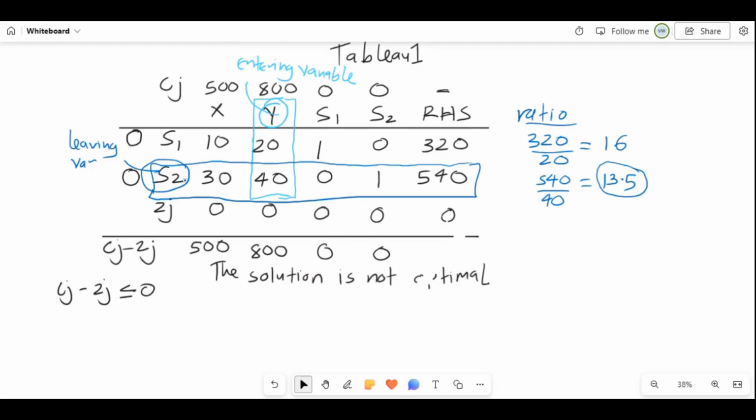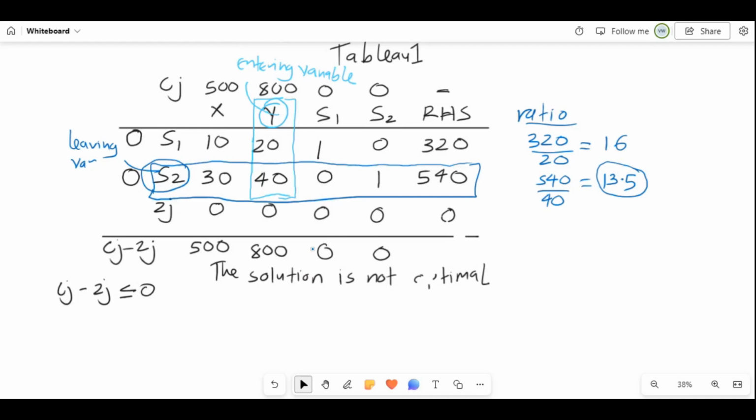So now that we have both the pivot column and the pivot row, at the point of intersection where they meet is where we have the key element or the pivot element. So in this case, our pivot element is 40. And the basic rule of thumb is that the pivot element must always be 1. The pivot element must always be 1.